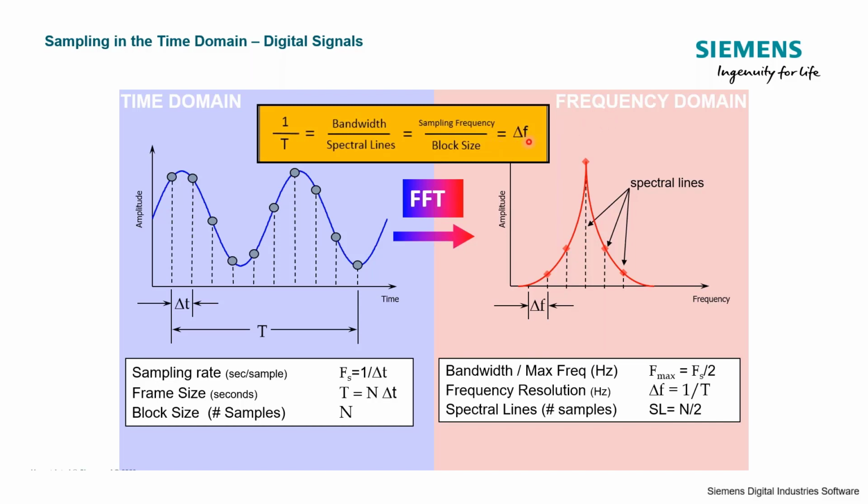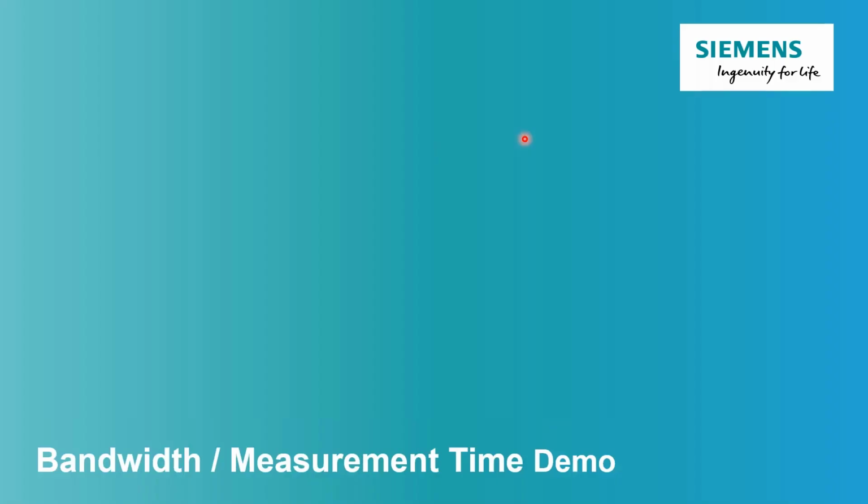If we want a really fine delta F, a really small frequency resolution, then we need a lot of time, right? Just for the one average, we would need a lot of time. This needs to get large for this to get small, right? So that becomes an important point. Let's look at another demo though to highlight this idea of bandwidth and measurement time.